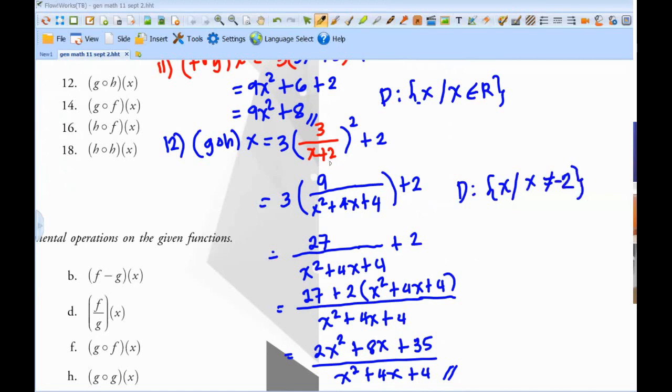If I replace -2 here, then it will become 0 denominator, so it will become undefined. So it can't be. Okay? So that's the domain, all the real numbers except the value of -2. So that is composition of function.